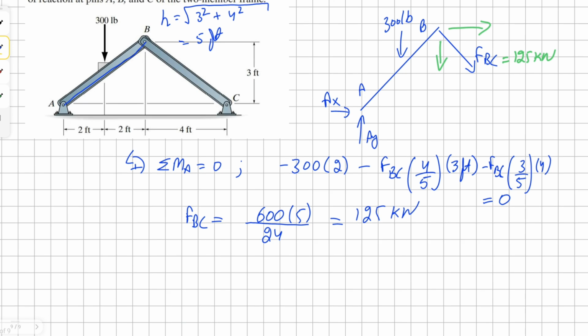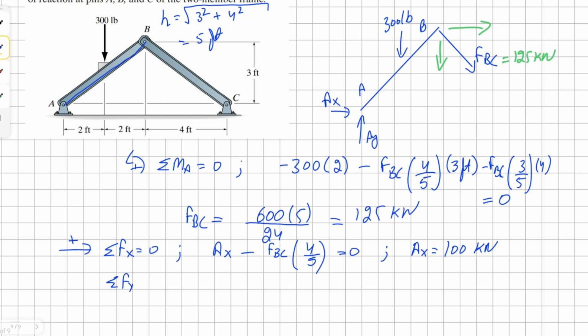We can simply take the sum of the forces in the x direction. So it will be AX, take away force BC times 4 over 5 equals 0, and solving for this, we get 100 kilonewton.